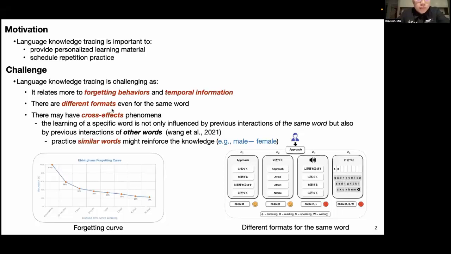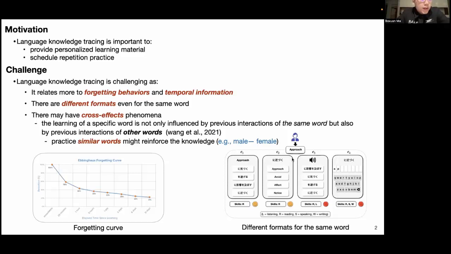And also there are different formats even for the same word, providing different levels of information about a particular learner's mastery of a specific word. And finally, there may be cross-effects phenomena in language learning.